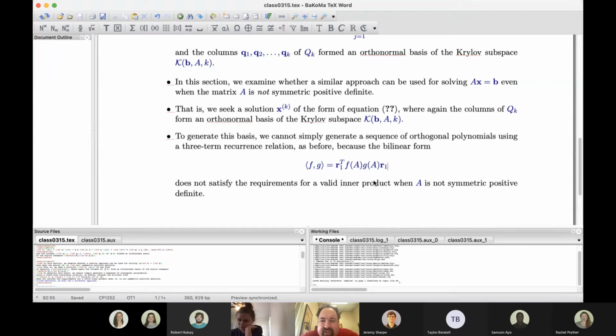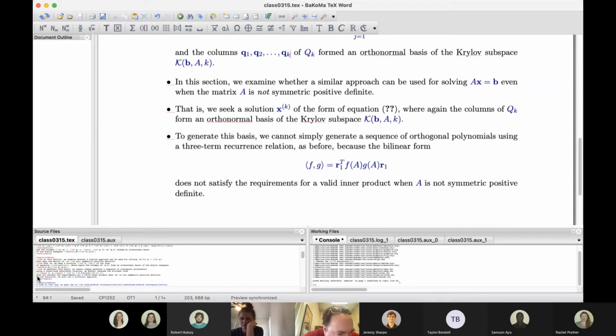So we can't define orthogonal polynomials in exactly the same way as before. This is the first instance in which A not being symmetric positive definite is a problem, because we're trying to generate a sequence of orthonormal vectors, and now we find we cannot do it as easily as before.